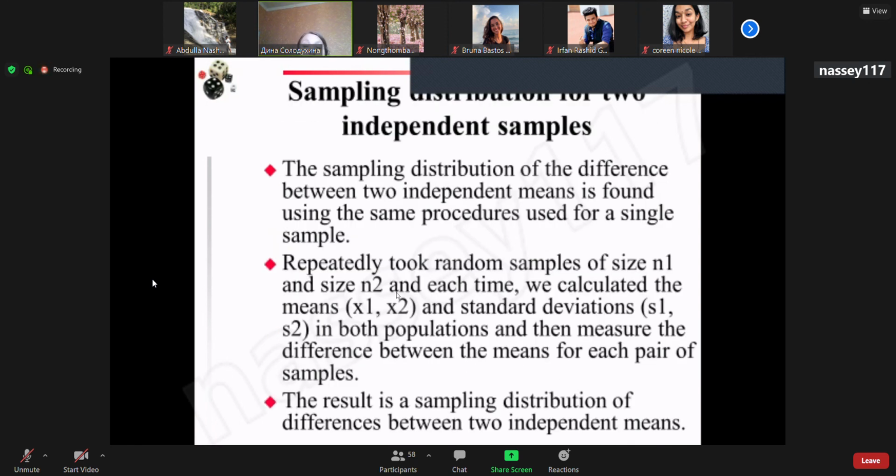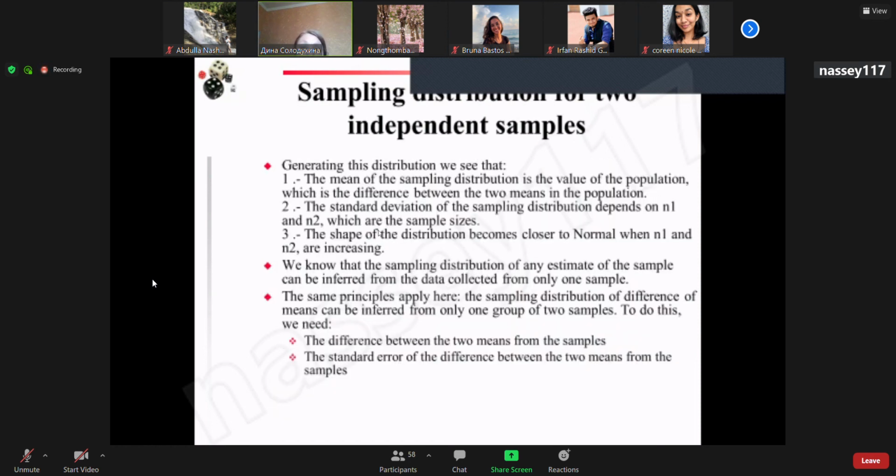Okay, we will use the sampling distribution. In the sampling distribution, we have some rules: there must be a normal distribution, or the shape of the distribution becomes closer to normal when it is a large sample.